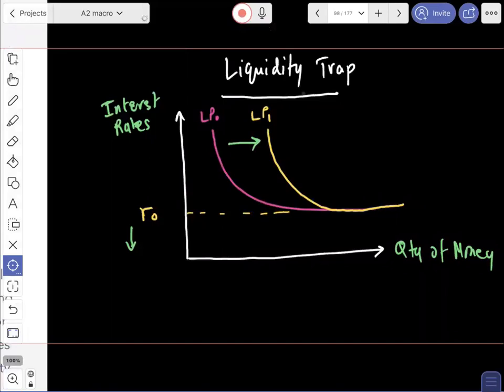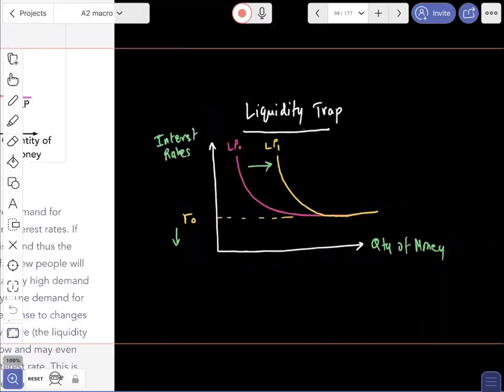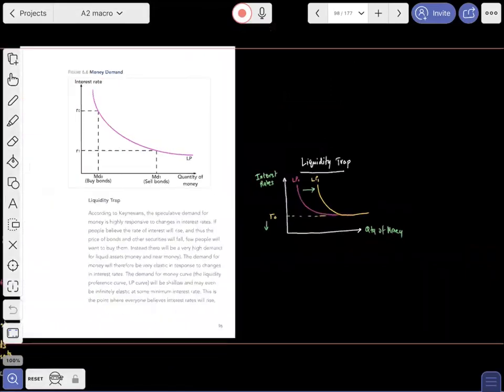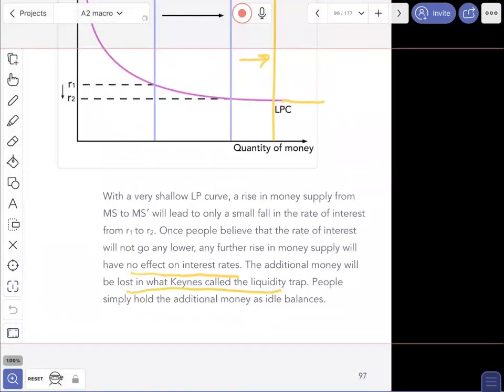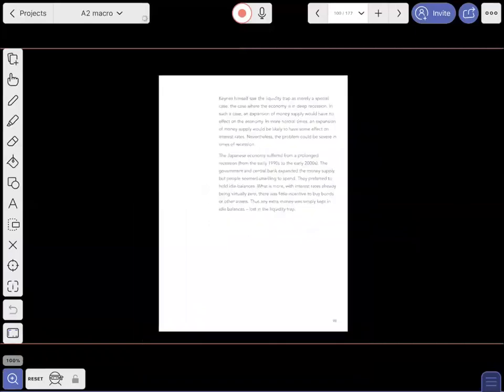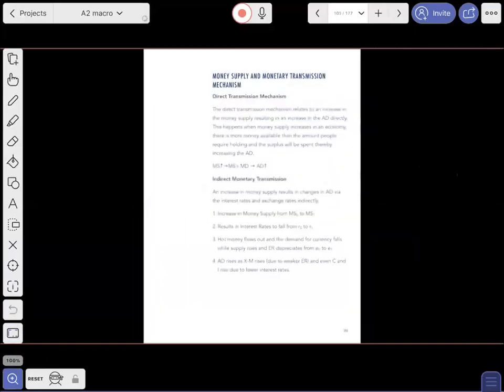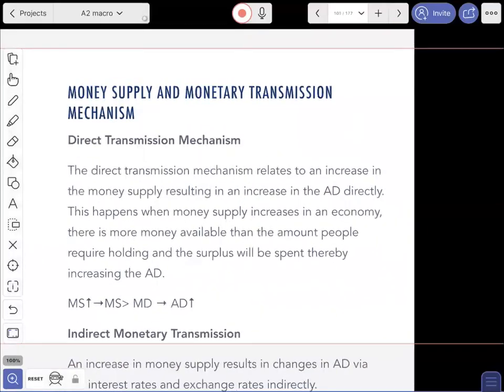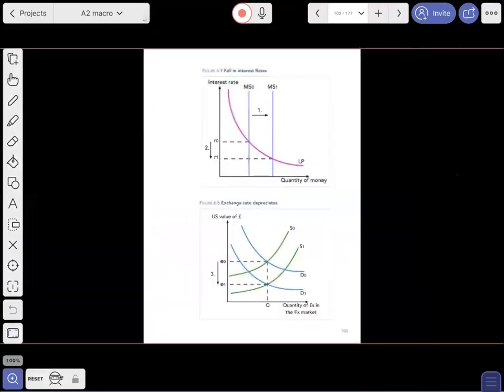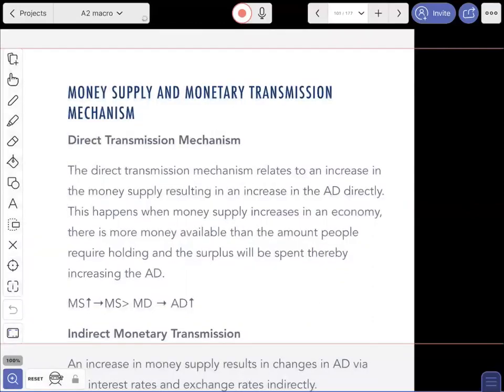If there are no questions, then basically we are done with page number 98. We're going to look at money supply and monetary transmission in tomorrow's class. Tomorrow we meet from 10 to 11 to discuss the rest of the chapter, and tomorrow is a good day to also do the worksheet.